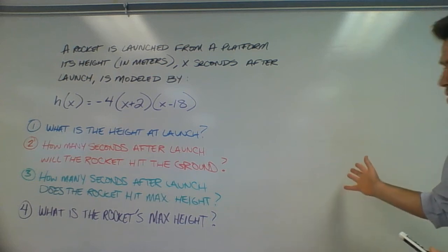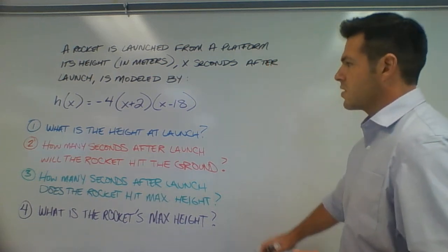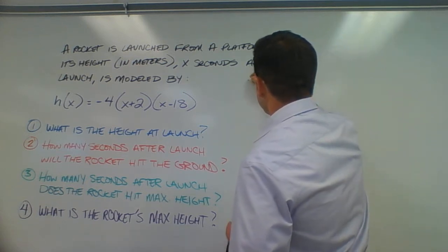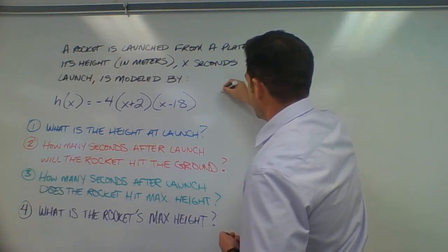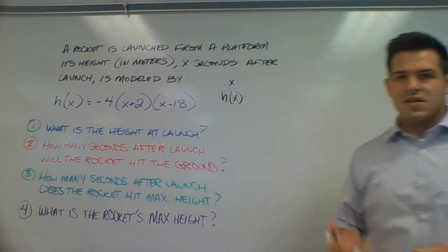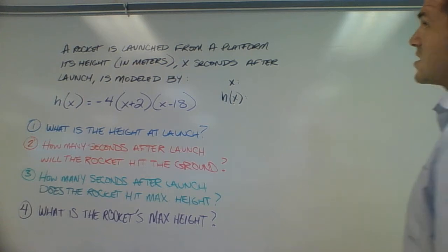I'm going to try to make as much room over here as possible. So before I even answer questions like this, I'm going to go ahead and just label things. The first thing I'm going to see here is I have x and h of x, and trying to figure out what those actually mean. In the problem up here, it says a rocket is launched from a platform, its height in meters, x seconds after.